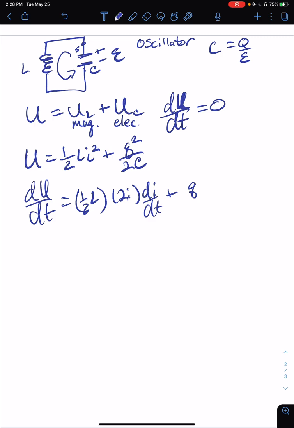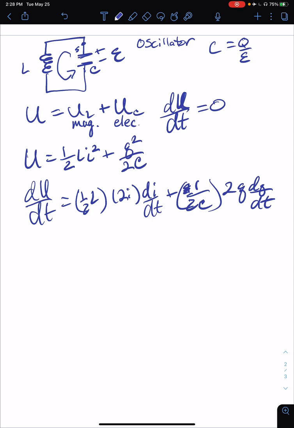Well, wait, we've got a 1/2 too. Let's not forget the 1/2. So we'll have 1 over 2C, and then times 2q dq/dt.